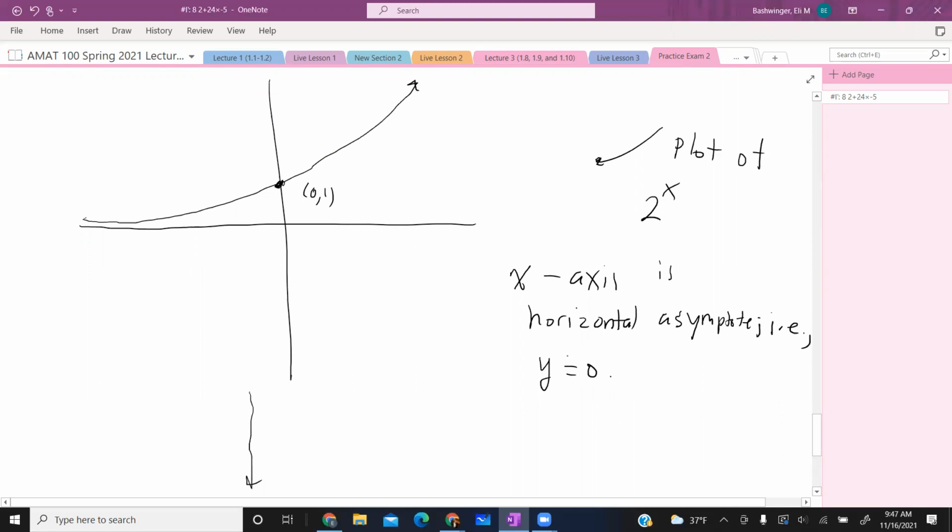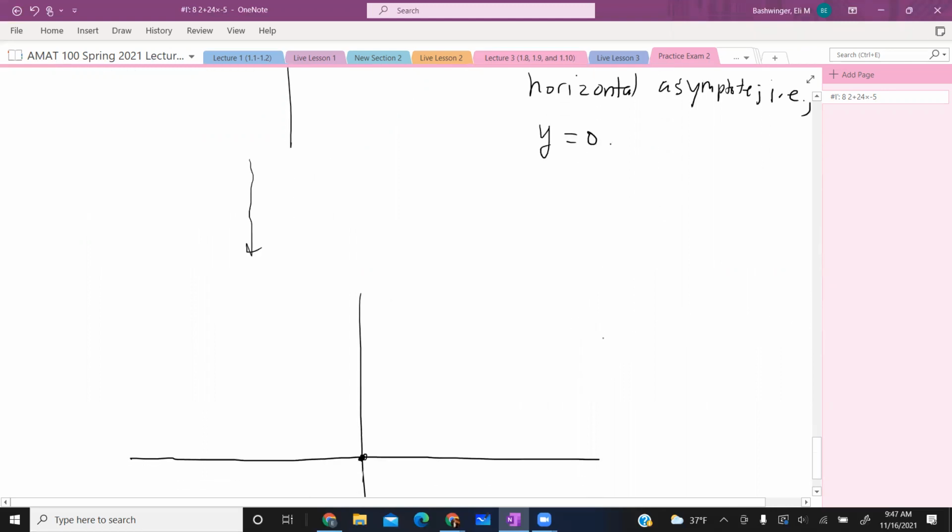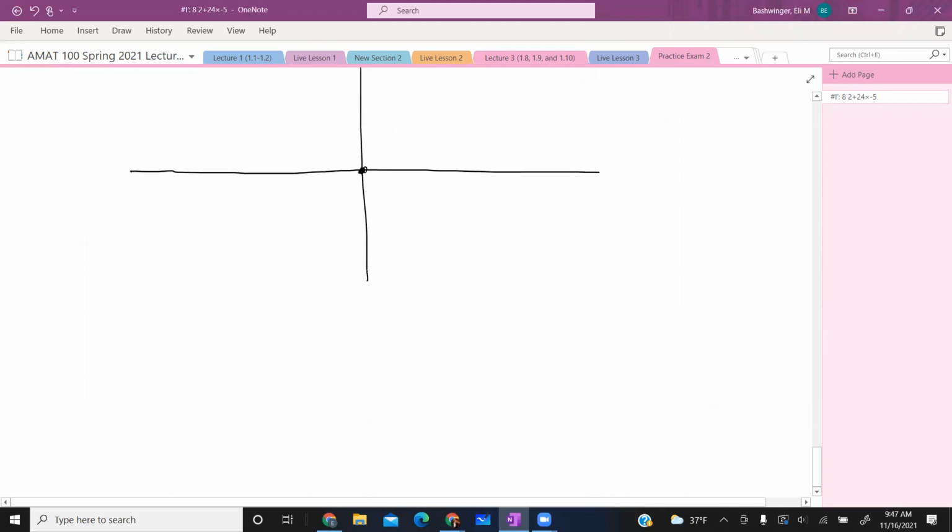If you shift the x-axis horizontally, you still get the x-axis. But if you shift it vertically, you will change the asymptote. When we shift this function down 1/2 unit, the asymptote also shifts down 1/2 unit, so the new asymptote will be at -1/2.